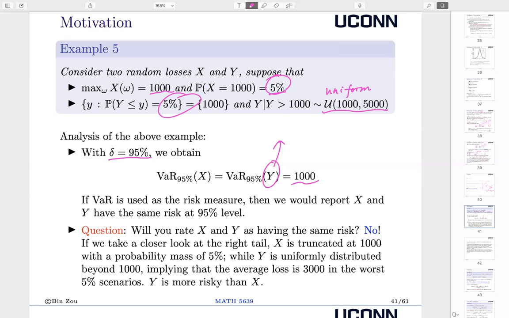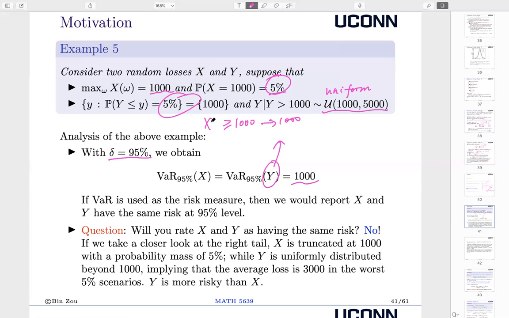But on the other hand, if you underwrite a policy for Y, you also know that the chance that you will need to pay beyond 1,000 is still 5%. Okay, the percentage is the same, but the amount is not, right? So here we know greater than or equal to 1,000 is reduced to 1,000.